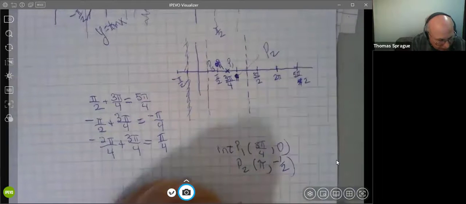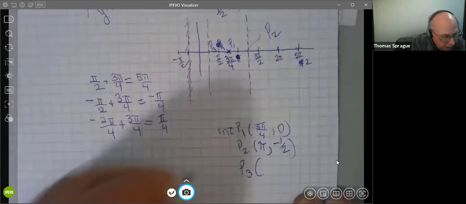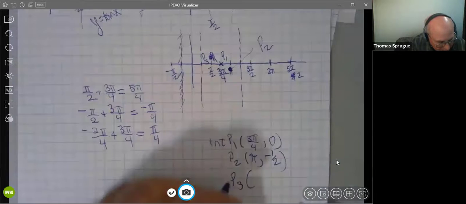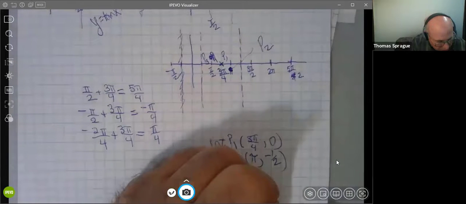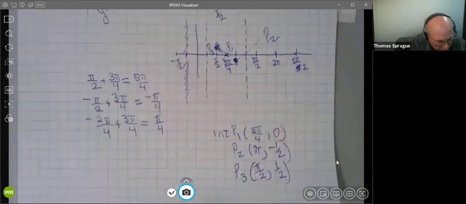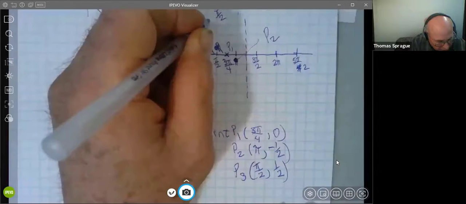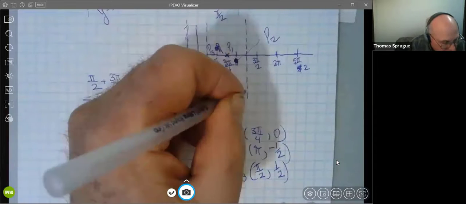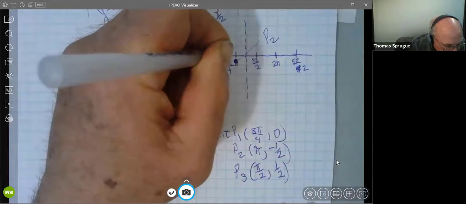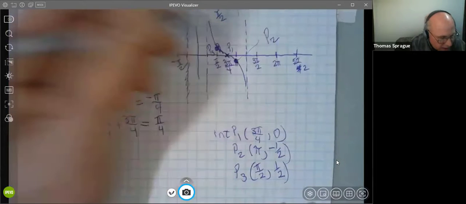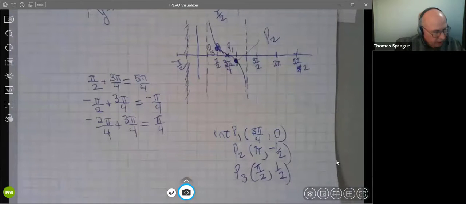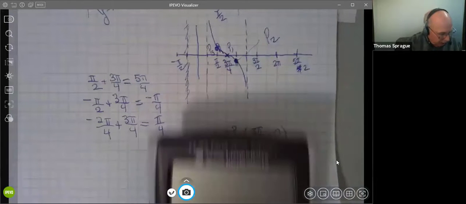And point 3 that I made is that guy right there. That one is pi over 2, plus 1/2. Okay, and now I know in general that these curves have this kind of shape. So I'm just going to try to sketch it in there. It's hard to be exact, but that's more or less accurate.